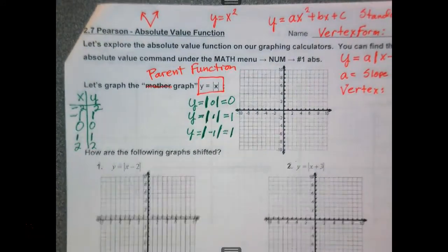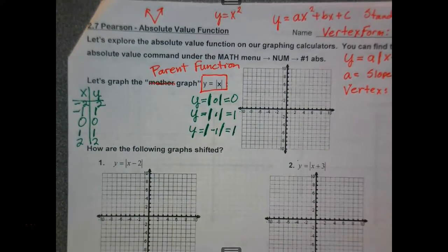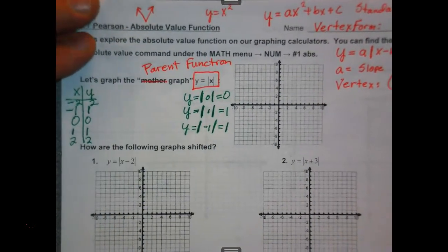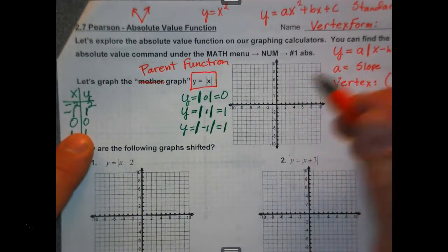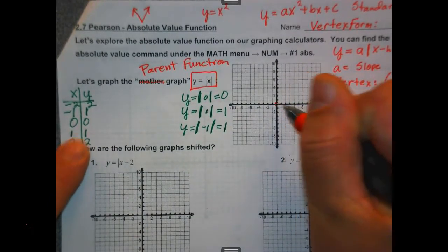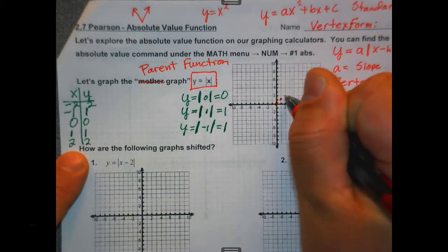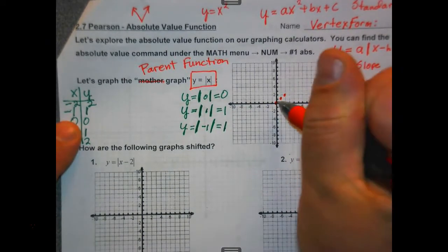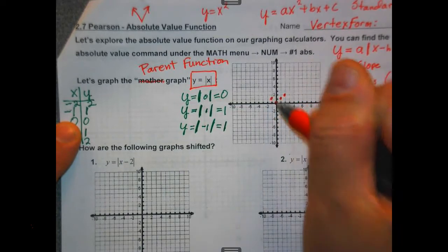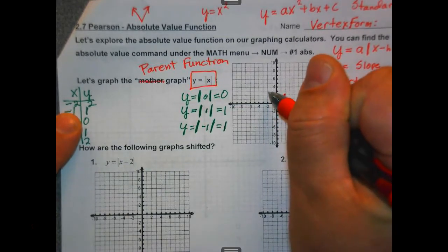Wonderful. So all we have to do is plot those points and graph it. Are you ready? So 0, 0; 1, 1; 2, 2; negative 1, 1; negative 2, 2.